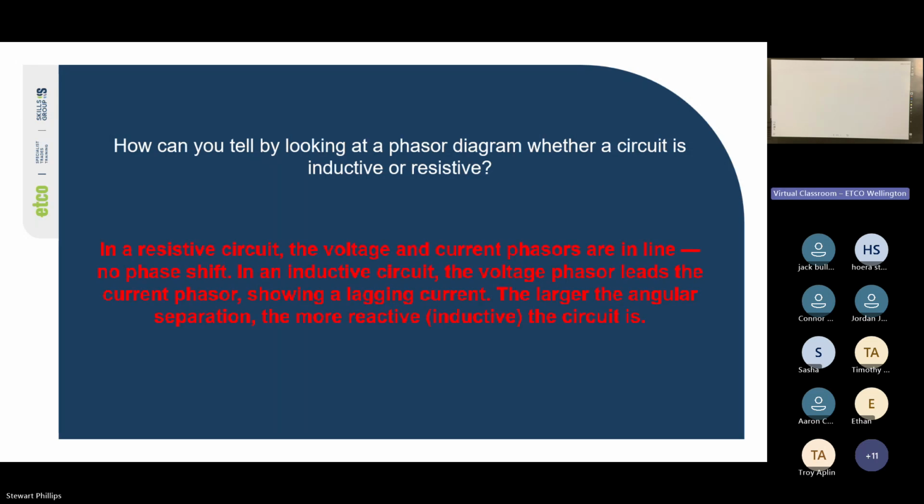Yeah, so basically in a resistive circuit, the voltage and current phasors are in line. There's no phase shift. In an inductive circuit, the voltage phasor leads the current phasor, showing a lagging current. The larger this angular separation, the more reactive, in this case inductive, the circuit is.